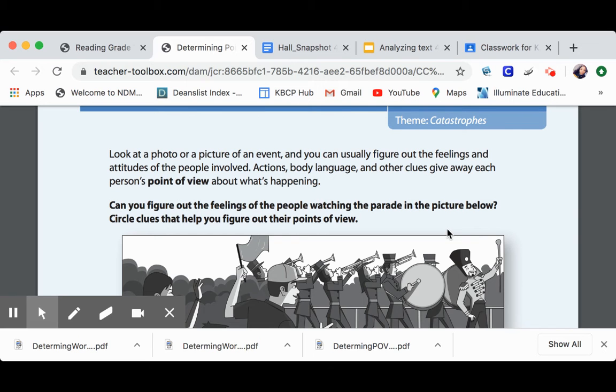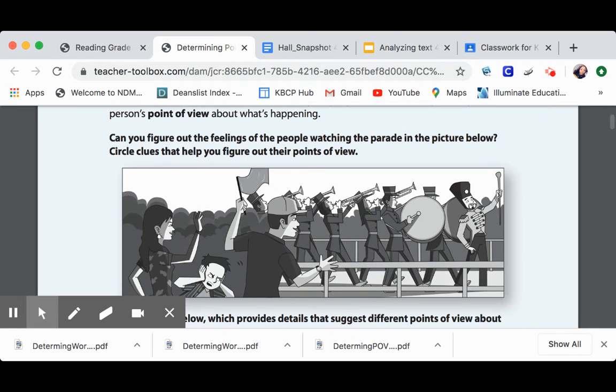It says, look at a photo or a picture of an event, and you can usually figure out the feelings and attitudes of people involved. Actions, body language, and other clues give away each person's point of view about what's happening. So, just based off this illustration, what we're going to figure out is, one, what is point of view?